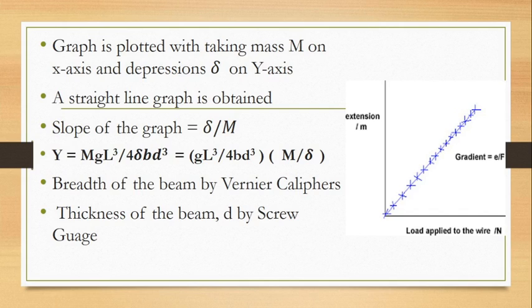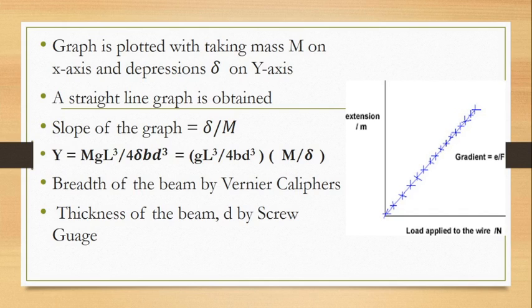We had found out the expression for delta, that is the depression of the beam which is supported at the ends and loaded at the middle, in the last class. That delta is given by WL cube by 4 Y BD cube, since this is a beam of rectangular cross section. So from that equation you can write the equation for Y, because we are determining the Young's modulus of the material of the beam.